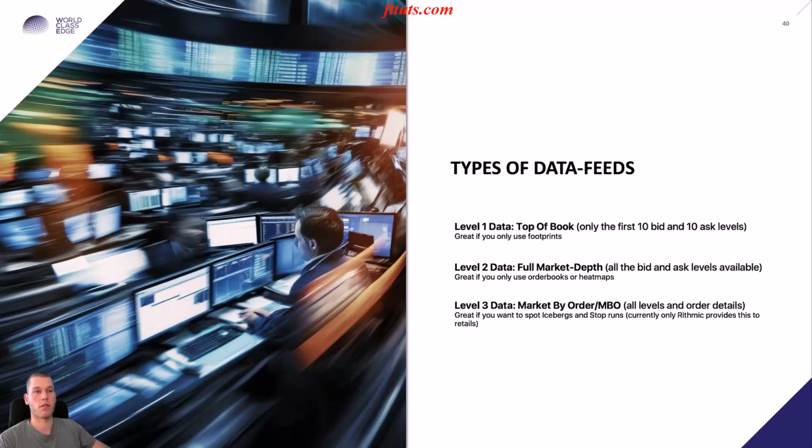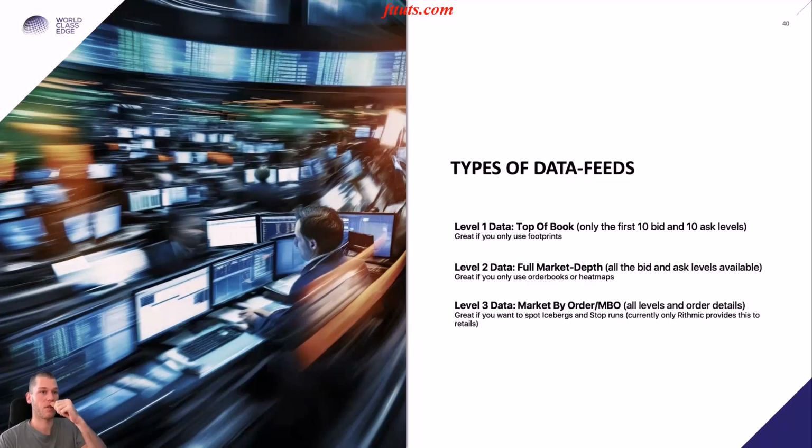And then there is level 3 data, which is market by order, which shows you even the details where the order is coming from. So for example, you have iceberg orders. Iceberg orders are orders where you only see 20 contracts in the order book. But when somebody bought or sold those 20 contracts, there are another 20, but it happens so fast that you don't see it.